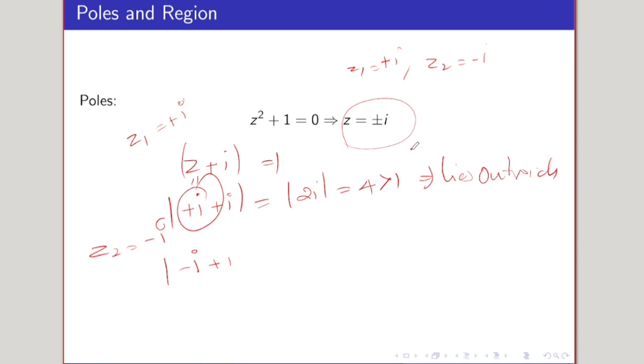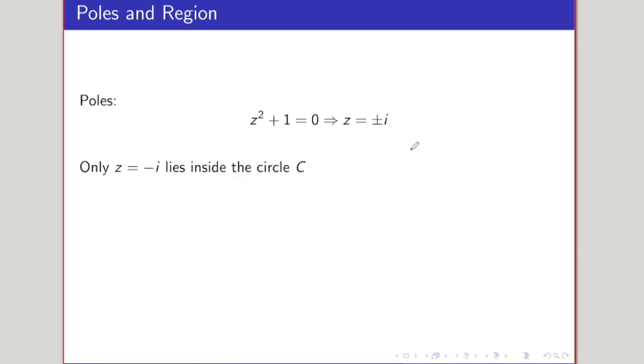Minus i plus i. Okay. So if I take this z equal to minus i, it will be 0. So definitely less than 1. So it lies inside. So z2 minus i will lie inside the circle.